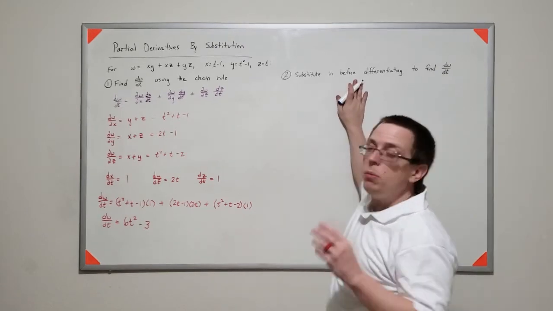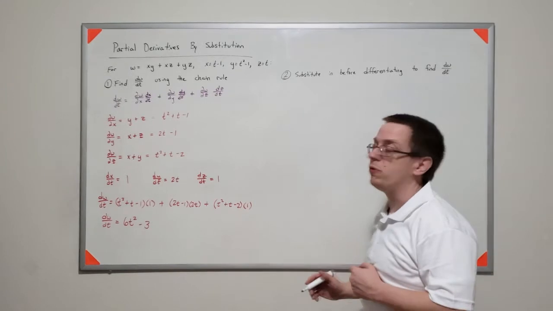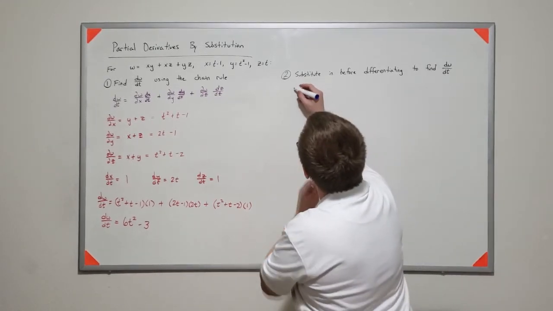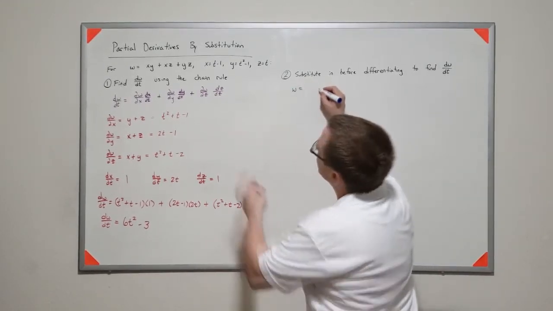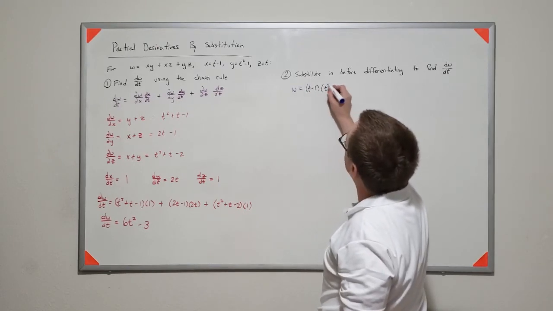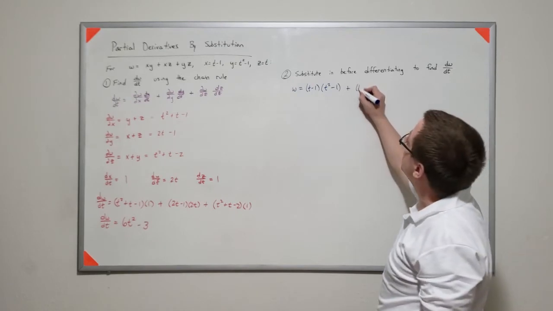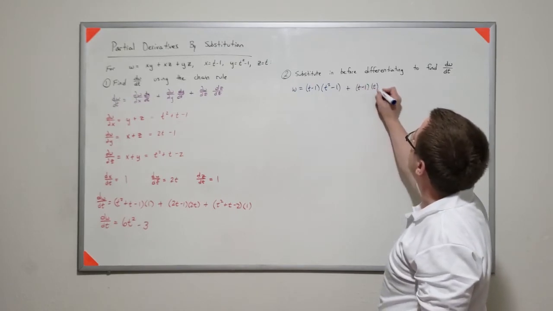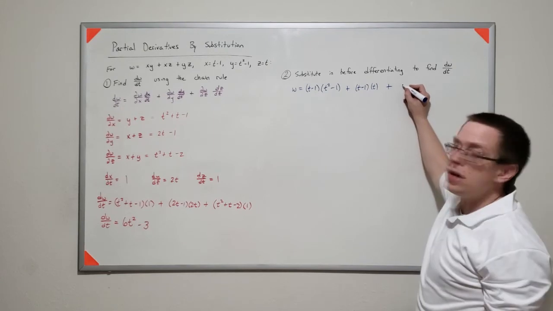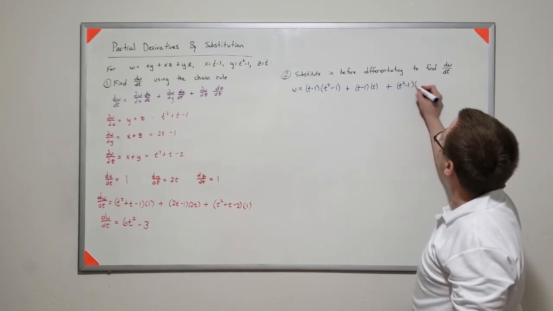We need to substitute in beforehand. So I need to take this equation and go ahead and plug in what those values are. So xy is t minus 1, t squared minus 1, and xz is t minus 1, t, and yz is t squared minus 1, t.